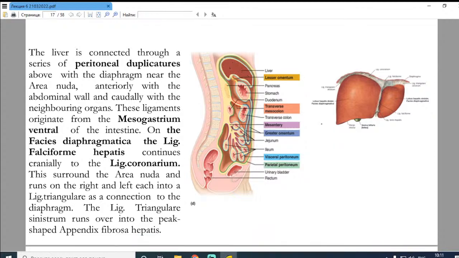The liver is connected through a series of peritoneal duplications, above to the diaphragm near the area nuda, anteriorly with the abdominal wall, and caudally with neighboring organs. This ligament originates from the ventral mesogastrium.